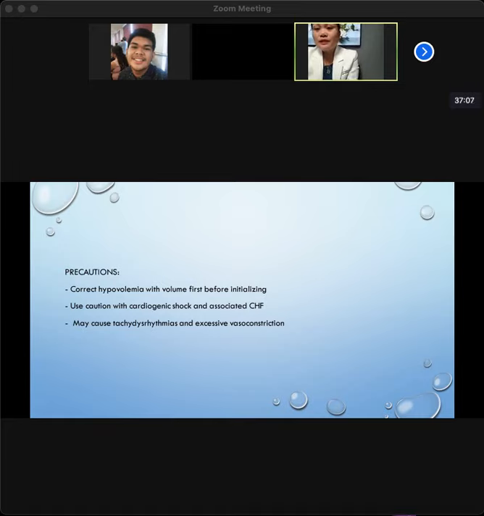If the patient is in septic shock, you have to treat it first before giving your dopamine. Okay? You have to use it cautiously with cardiogenic shock and associated CHF. Okay? Because they can cause tachydysrhythmias and excessive vasoconstriction. Okay?